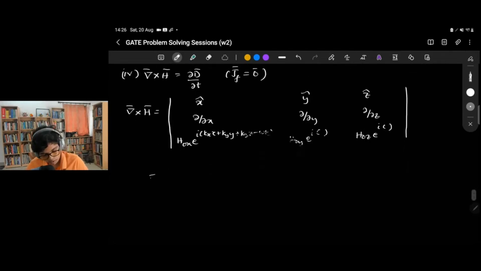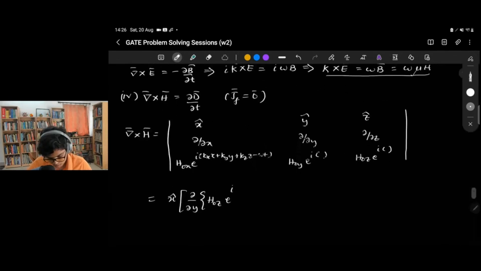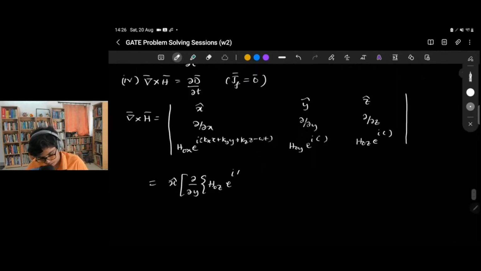So let me quickly do it right here. x cap, del by del y, H naught z, and then the exponential i (kx x plus ky y).